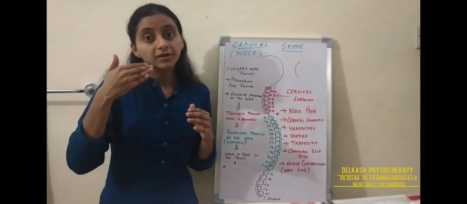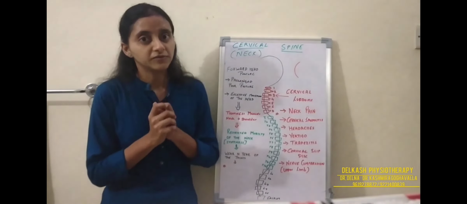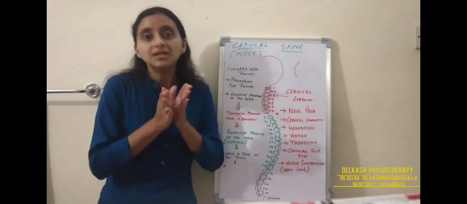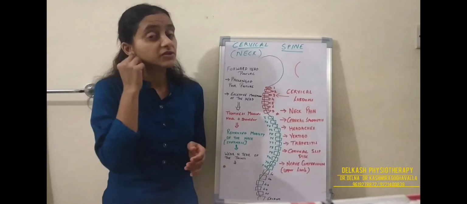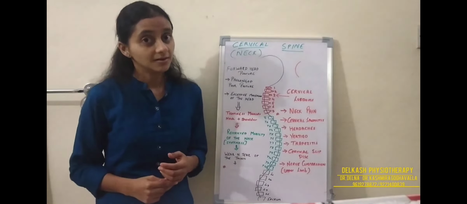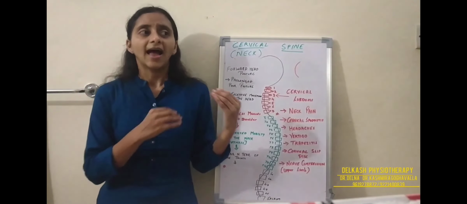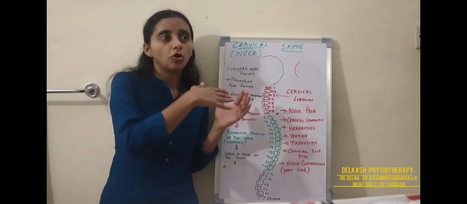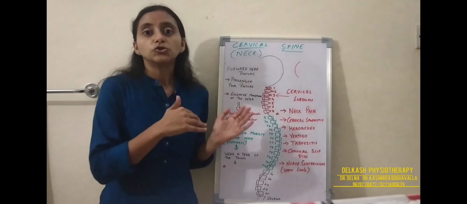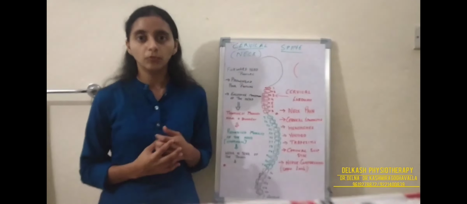This could be because of a disc pressing on the nerve, or because of the bony prominences of degenerative changes pressing on the nerve. There are a whole lot of problems associated with the neck, and if you trace back, the root cause goes to poor posture, excessive neck movements and wrong neck movements.